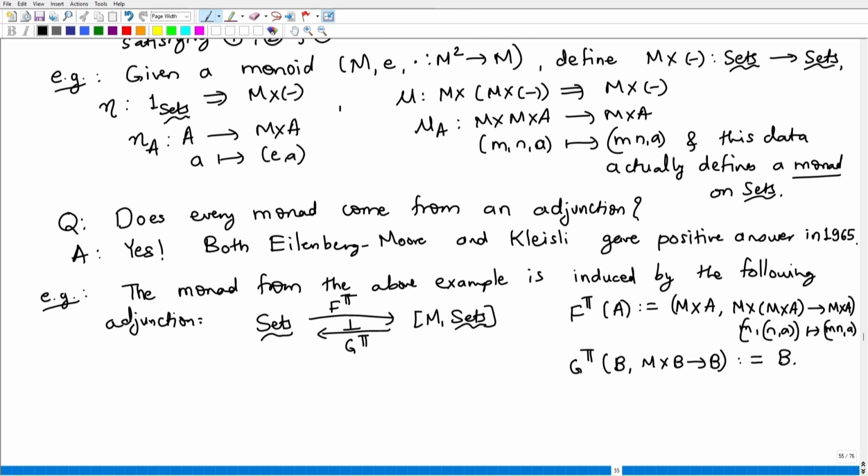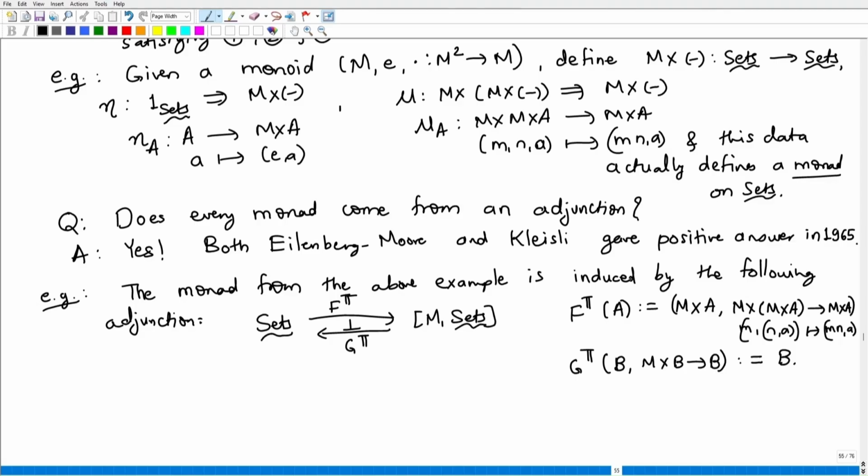F upper T of A is an object in M comma set. So it should be a functor, but that functor is nothing but an action of M. Object maps to object, and then every endomorphism gives you a multiplication, like scalar multiplication by an element. Yeah, so therefore I simply wrote it as a map. You understand this, or is there confusion?